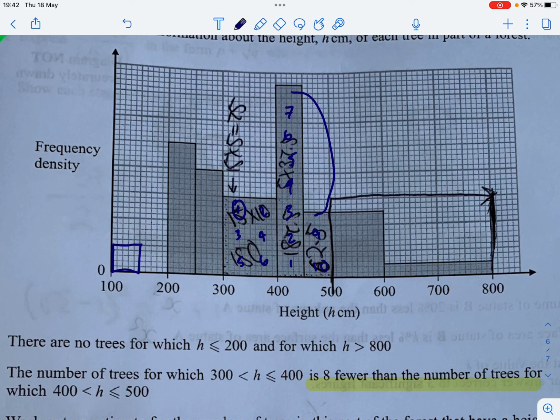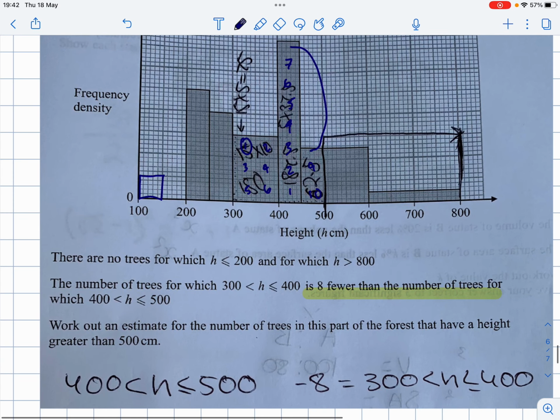Okay, so let's have a think. So it means that for this section there are 4 more squares than there are in this section.